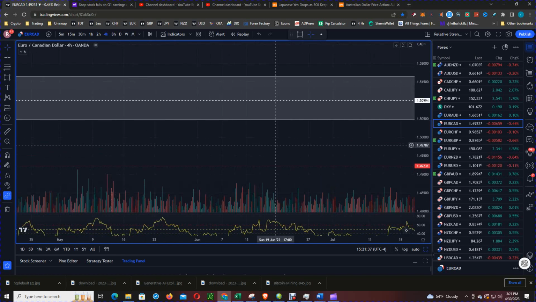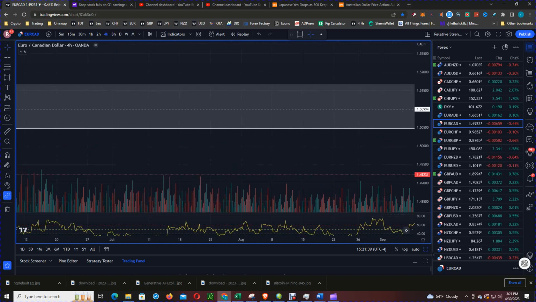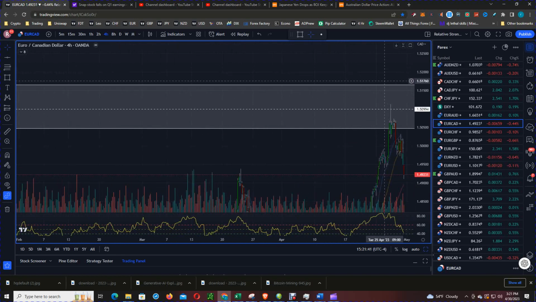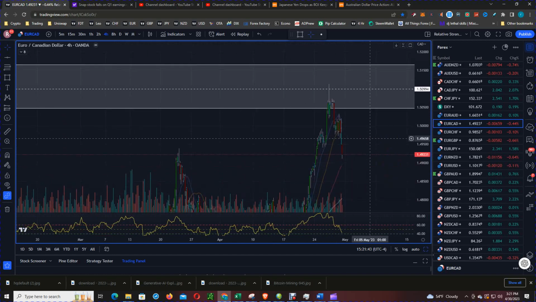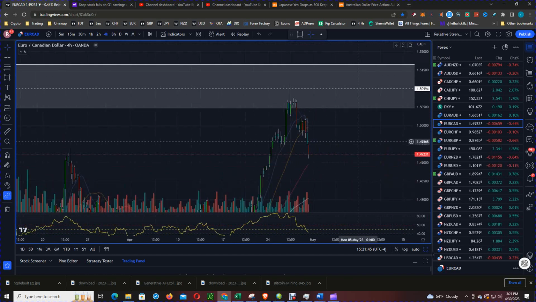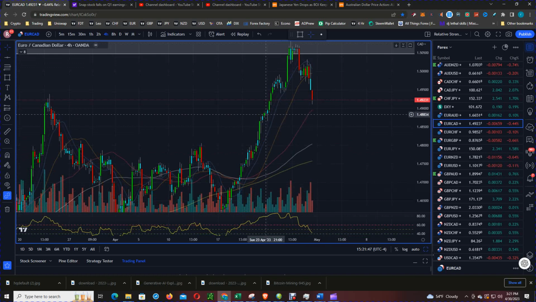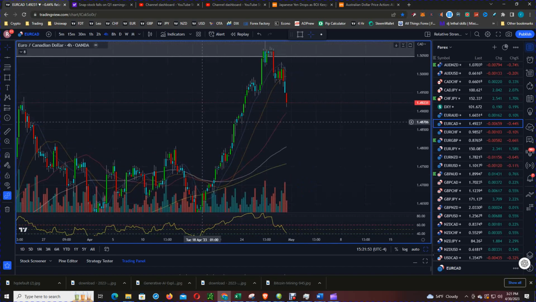Ideally, what we want to see is price close above this area here before going long. Now, this is not the prettiest of levels.